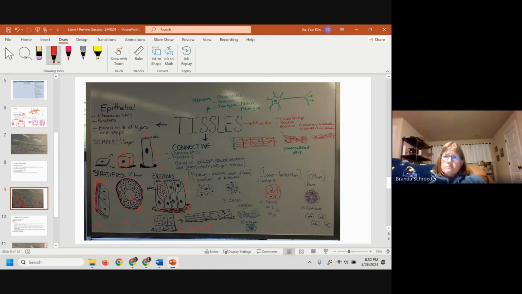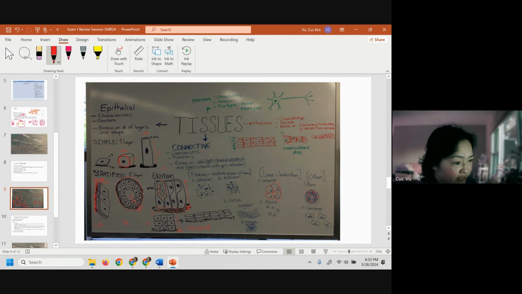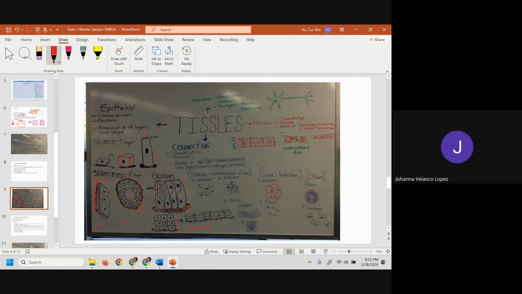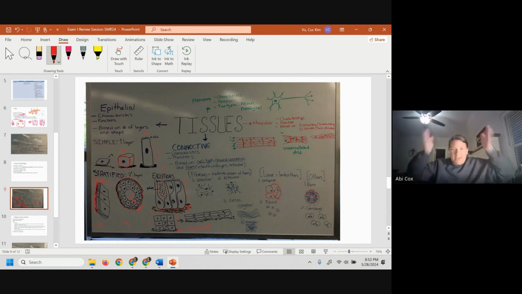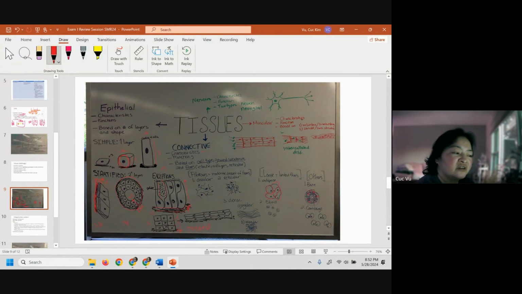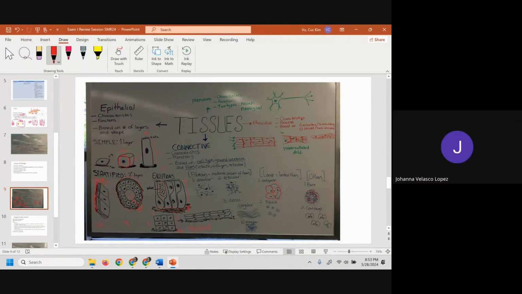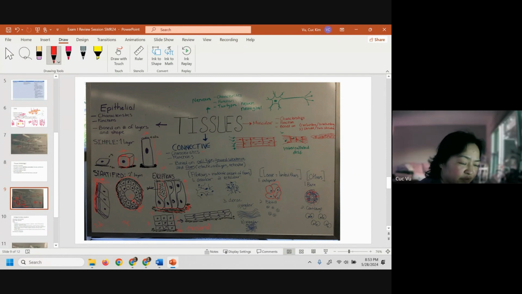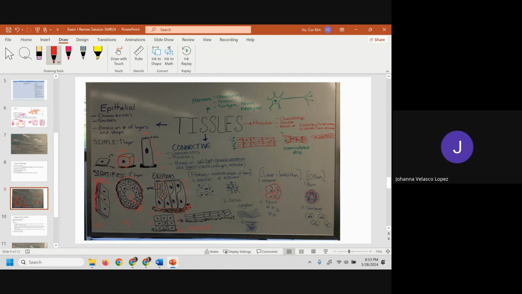Skeletal. Okay. Striated versus non-striated. What does that mean? Literally, if it's striped. If it has stripes up and down. Yep, but I want you to be anatomical about it. What do those stripes represent? The stretch. What do the striations represent? It's not like the stretchiness of it?